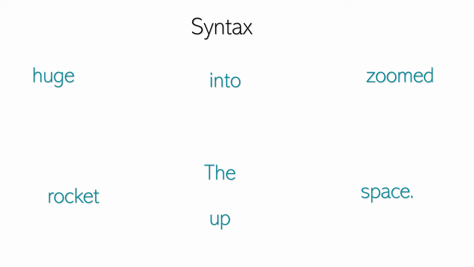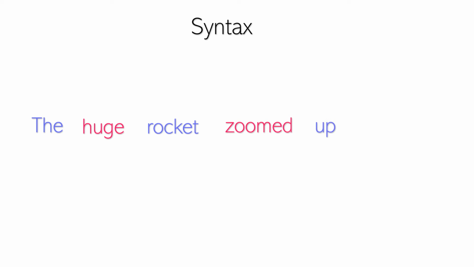So let's try to put them in the right order and see if we can construct a sentence that makes sense or has meaning. The huge rocket zoomed up into space. So there you go. You have a sentence where all the words have been put in the right order and it makes sense.